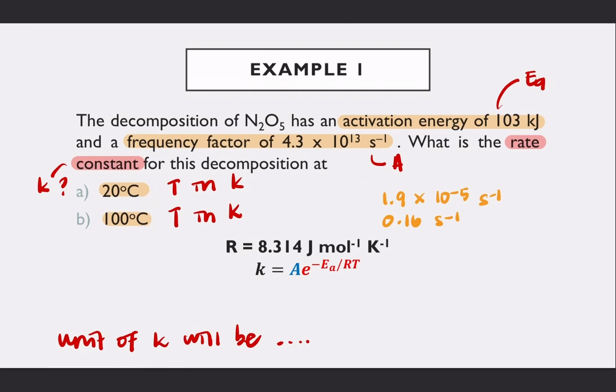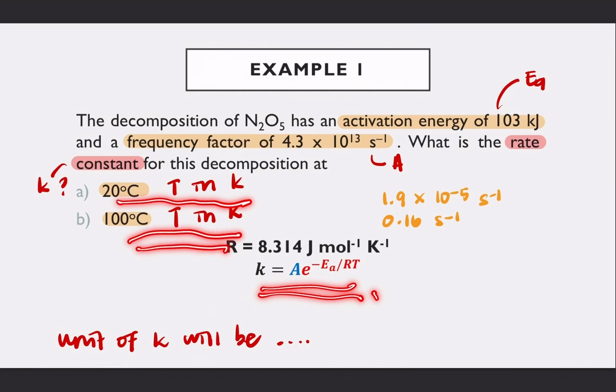For this question, you are given the activation energy, the frequency factor A, and the temperature in degrees Celsius, and you want to find your rate constant. So you can use your Arrhenius equation and make sure to use the right gas constant, that is 8.314 joule per mole per Kelvin. Just plug in your values, but make sure your units are correct. Your temperature must be changed into Kelvin.